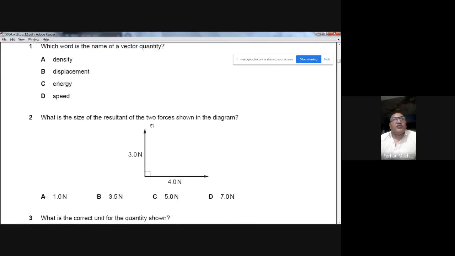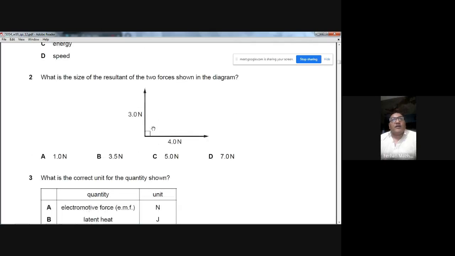Question number two on your screen. What is the size of the resultant of the two forces shown in the diagram? Here he has shown two forces, 3 Newton force in the upward direction, 4 Newton force in the horizontal direction. The angle between the two forces is 90 degrees.